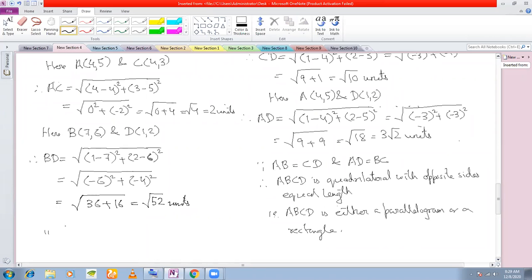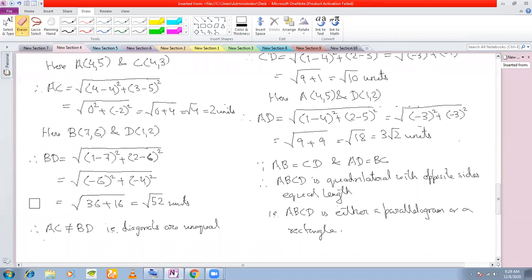What you see here is AC and BD are of different lengths. Therefore, AC is not equal to BD. That is, diagonals are unequal.